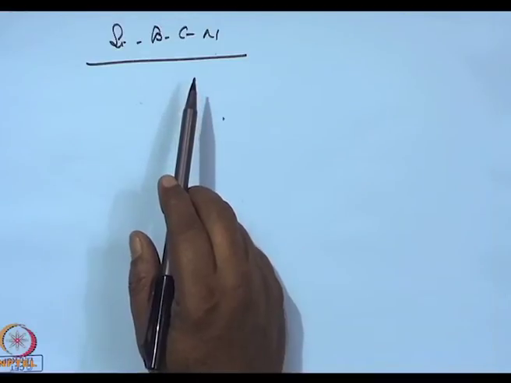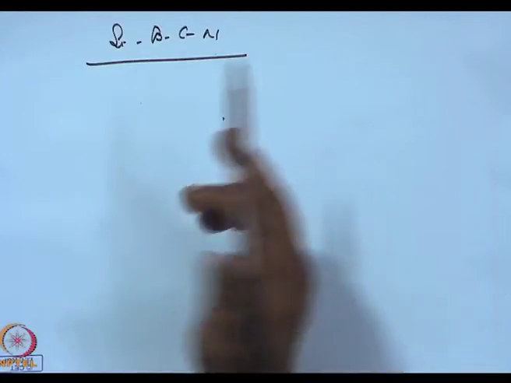Because these are much more refractory than the others. So, in this particular method, there are a variety of synthetic techniques which you could adopt for making these silicon boride carbide nitride polymers.